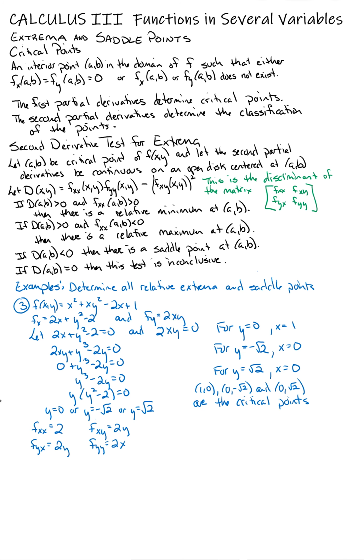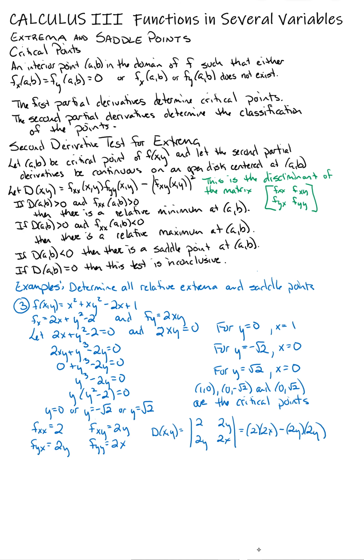I write it in this particular form because we want the discriminant. So the discriminant of x, y is, if I set these values up as a matrix, the discriminant of 2, 2y, 2y, 2x, which is 2 times 2x minus 2y times 2y.